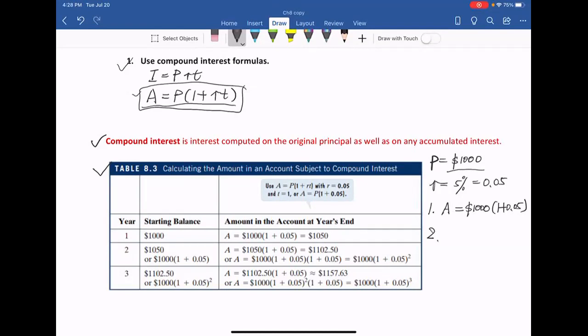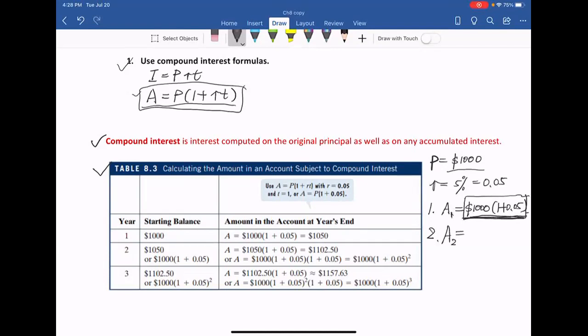Okay, so for this question, we are using compound interest. That means the bank will pay the compound interest once a year. That means at the beginning of the second year, the principal is the future value of the first year. That means the new A, maybe I put A1 here, A2 here.